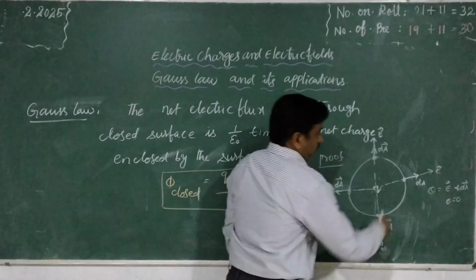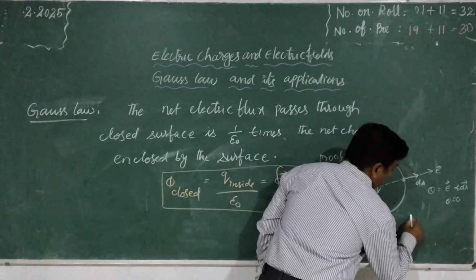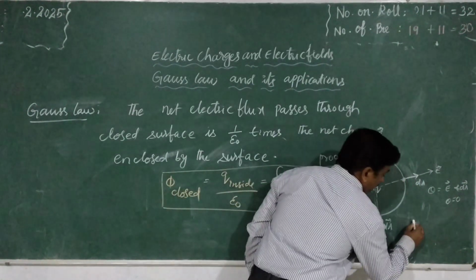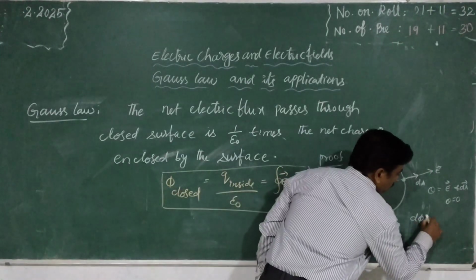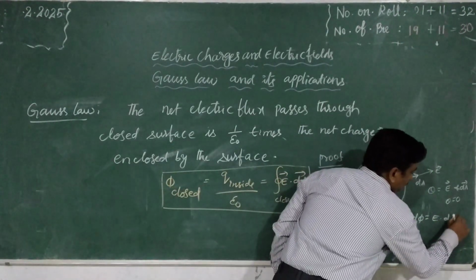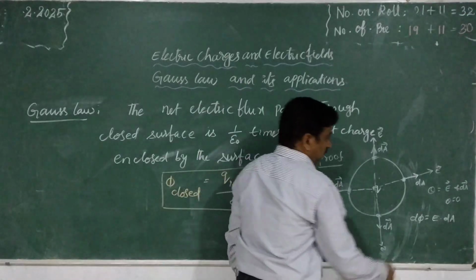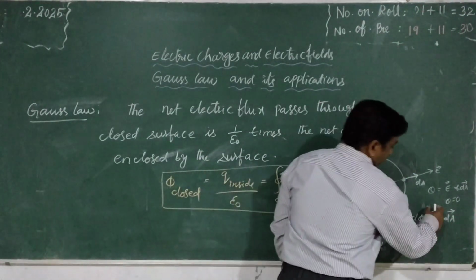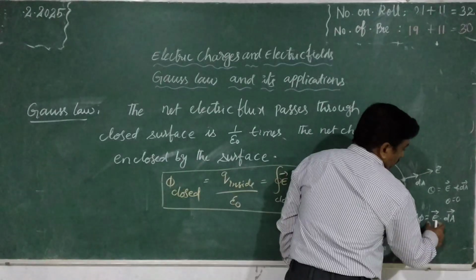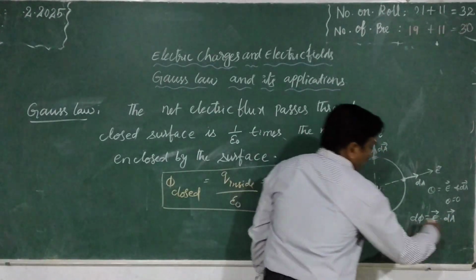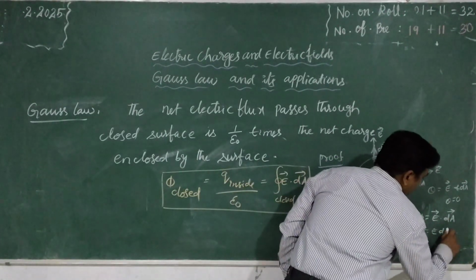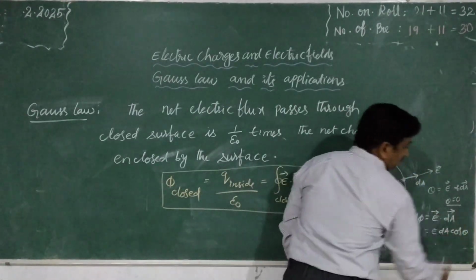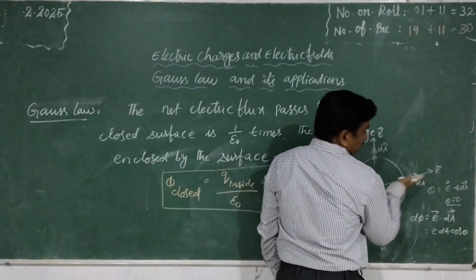Now, what is the flux through this small area? d phi equals E dot dA, the electric field vector dotted with the area vector. So d phi equals E dA cos theta. Theta is the angle between the electric field vector and the area vector.